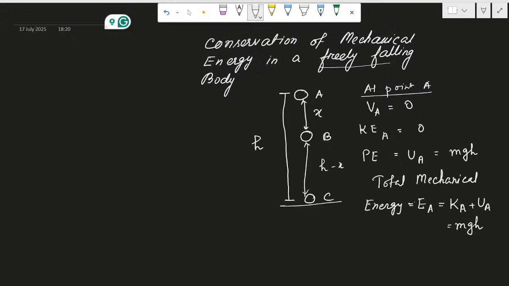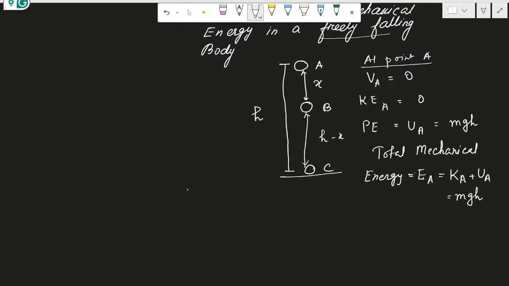Okay, now consider point B. What happened at this point B? Because the object falls from point A, definitely it will gain some velocity, because it falls from 0 velocity, but at point B it should gain some velocity.